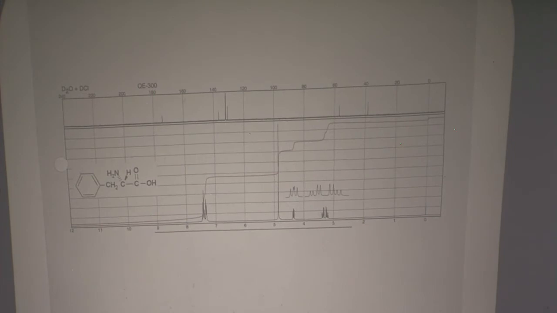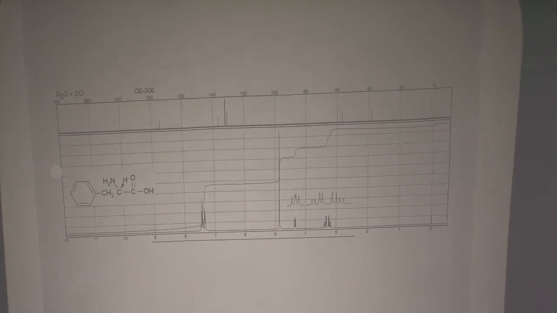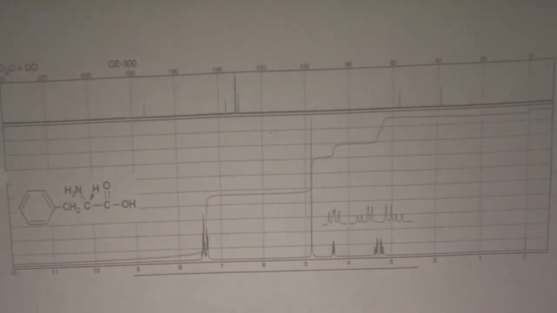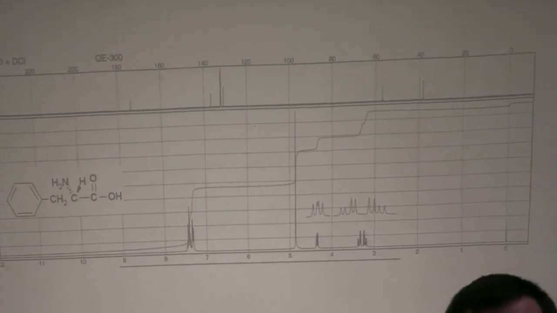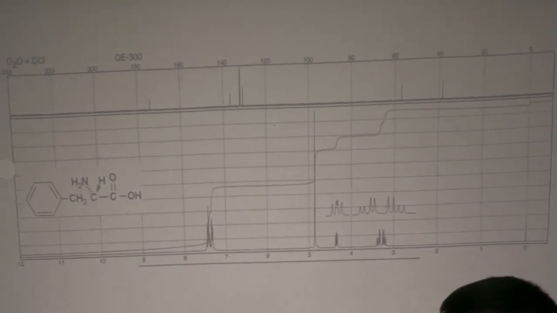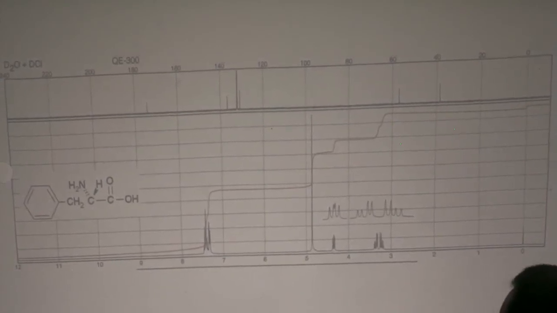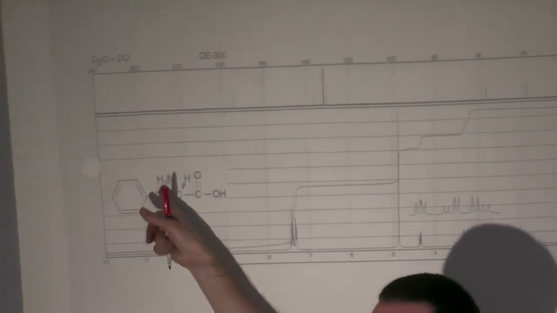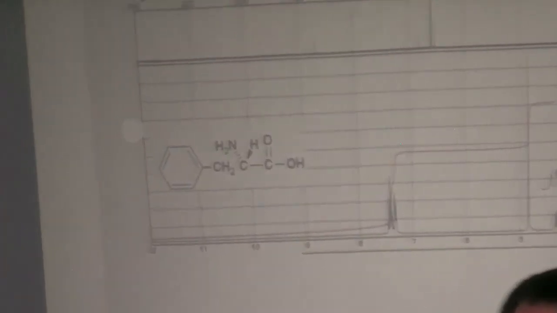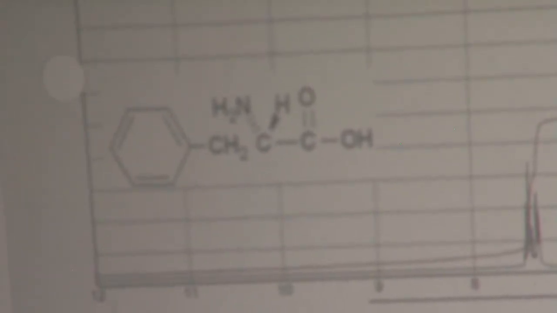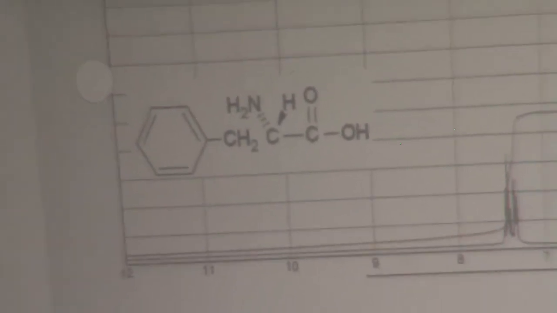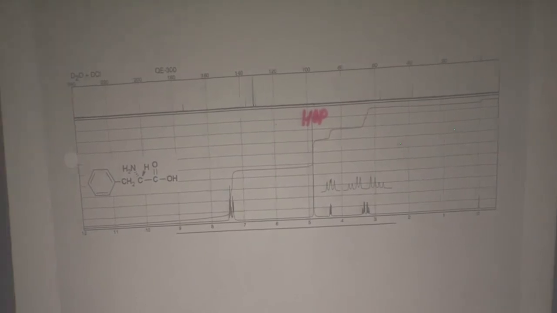All right. So here's a spectrum of phenylalanine so we can see what's going on. This is a spectrum taken in D2O with DCl to dissolve it, deutero-HCl to dissolve it. So all of the OHs and the NHs have exchanged with deuterium and are exchanging rapidly, and for all intents and purposes don't J-couple. So we see a peak for our HOD, and then we see the rest of it are carbons attached to hydrogen.